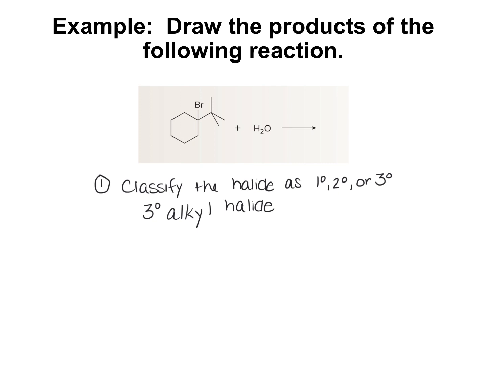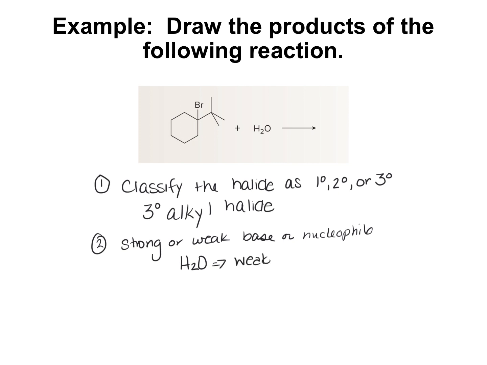Then we need to figure out what type of nucleophile. So the second thing we look at is, is it a strong or weak base or nucleophile? And so when I look at this, I see that it's H2O, and that is a weak base or nucleophile.